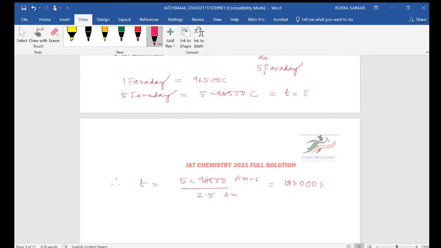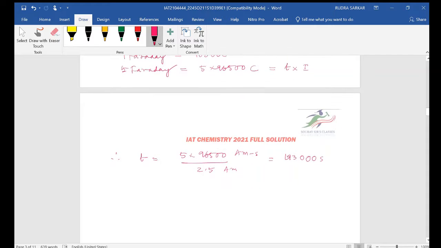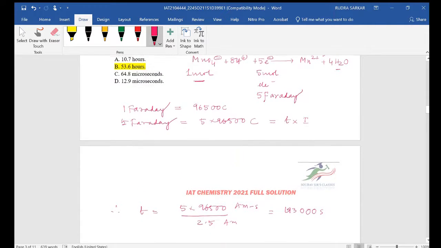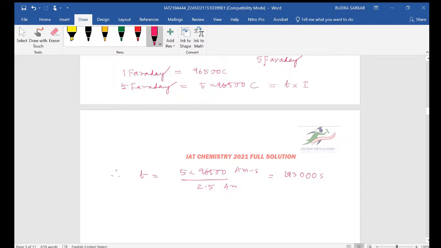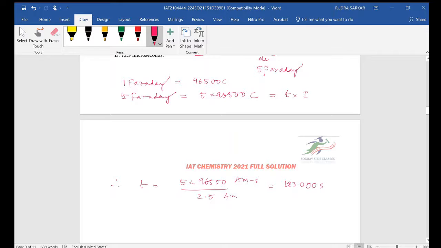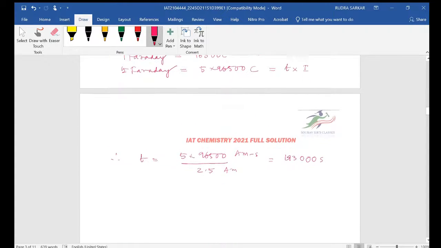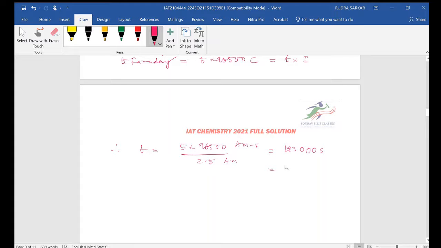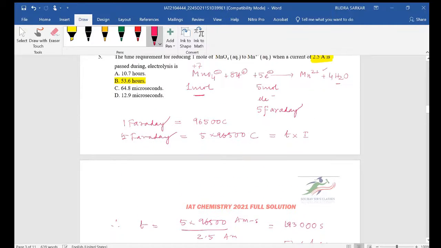Okay, this is the time in seconds. If we have to understand it in minutes, we divide it by 60. It is coming out to be 3216.66. Again, if we divide by 60, it will come out to be 53.6 hours. Okay, and that should be our correct answer.